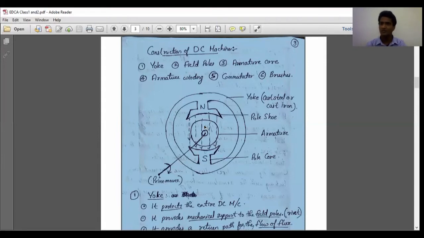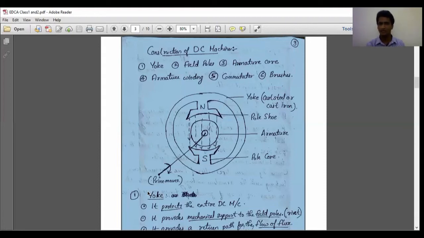No, we should connect a mechanical load to the armature. So what should replace this prime mover in case of DC motor? A mechanical load. Clear? In case of DC motor, what we are connecting across the armature is a mechanical load, and in case of DC generator, we apply an electric load across the armature so that we can take electric output from the armature. I hope it's clear for you.